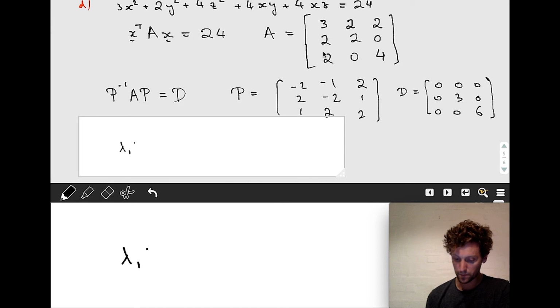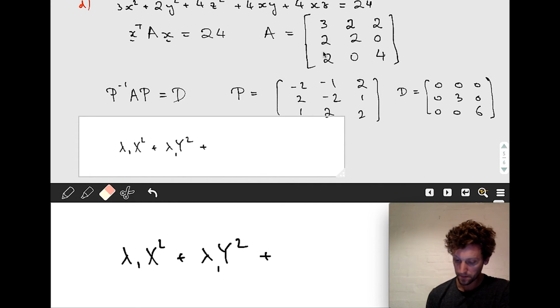the form of my quadric surface, my quadratic surface, by writing down in terms of new coordinates big X squared, big Y squared, and big Z squared.